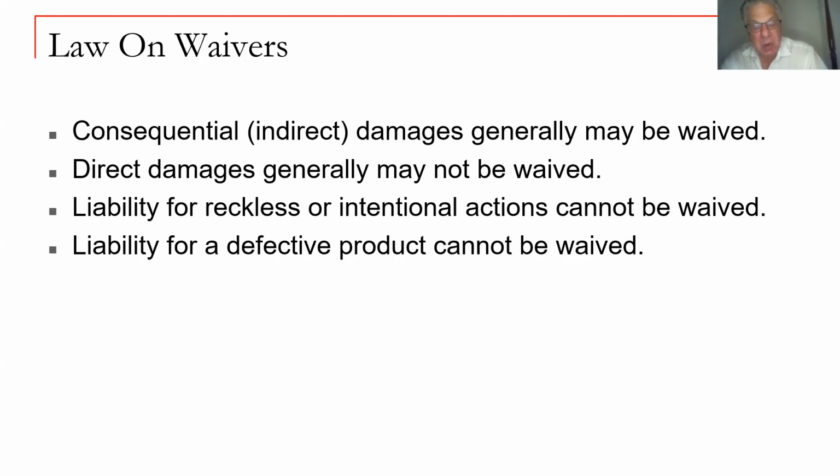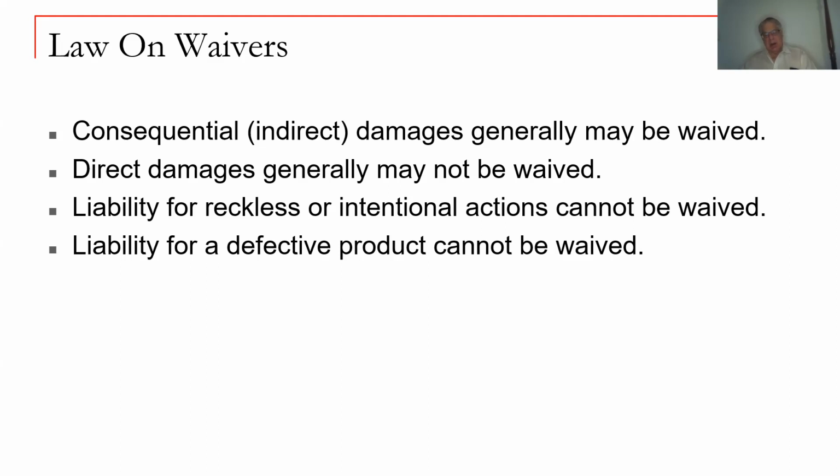You can't disclaim everything, but consequential or indirect damages generally may be waived. So I breached the contract, or I commit a tort, and then there are damages that follow from my breach of contract or my tort that you sustain, right?